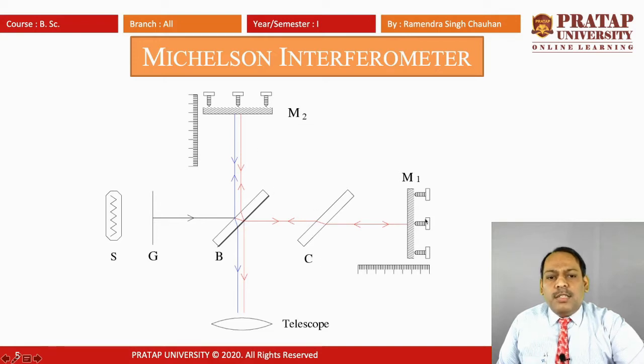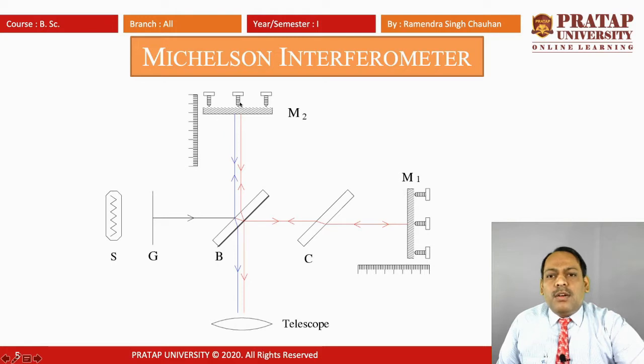There are two mirrors, M1 and M2. Mirror M1 is fixed and mirror M2 can be moved. This is given on a trolley so that it can be moved, and there are scales to measure the position of the mirrors M1 and M2. On the back side, screws are provided for leveling, or for adjustment of the mirror plane.